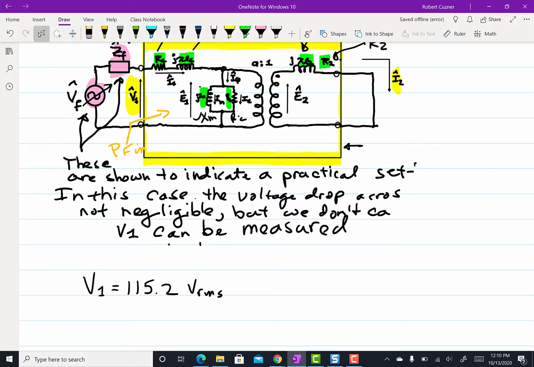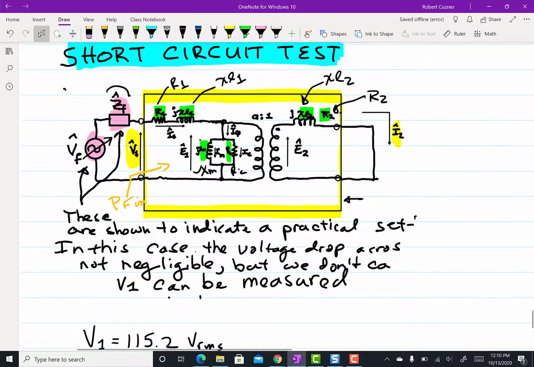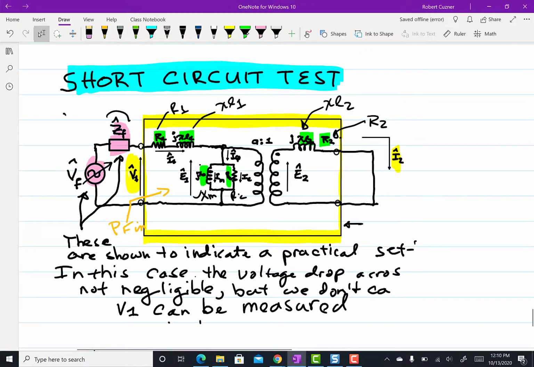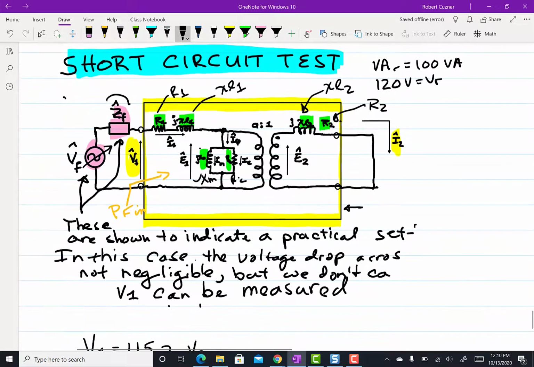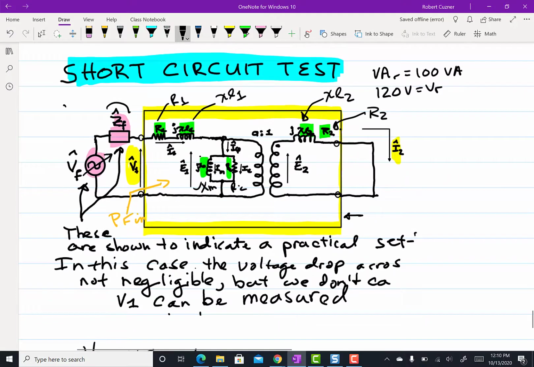Maybe we've got a low line, whatever, it doesn't matter. I just made it different just to show that it can be different. We're still looking at the same 100 VA rated transformer, 120 volt rated on the primary side.